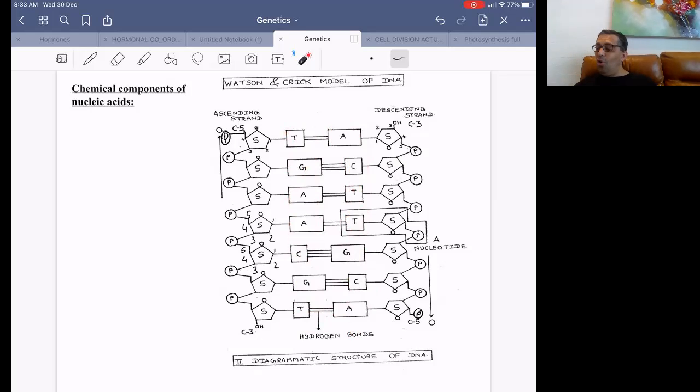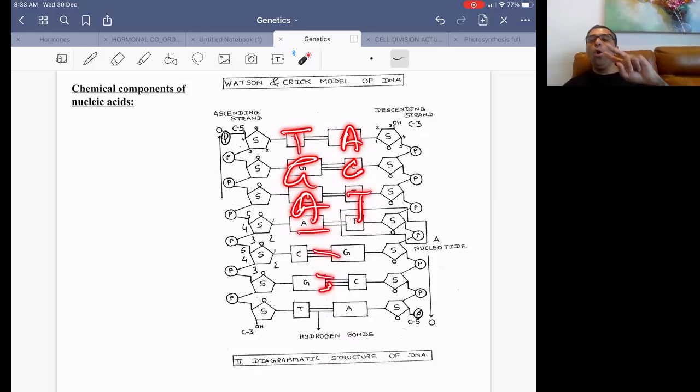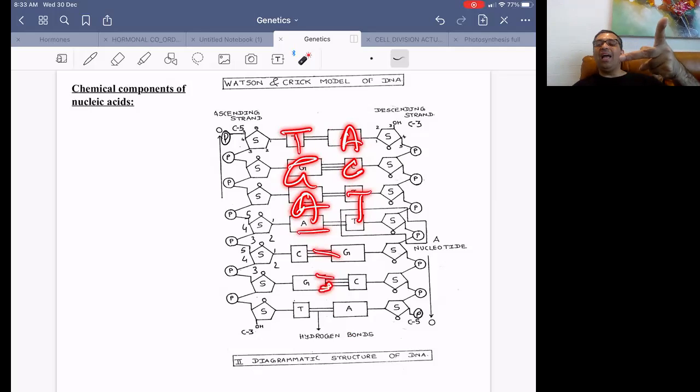We have understood sugars are same, phosphates are same, but the only difference between genes is sequence of nucleotides. नाइट्रोजन बेस पेयर्स का जो सीक्वेंस है वो एक दूसरे से अलग होता है और उससे अलग अलग जीन्स बनते हैं and different genes form different characteristics of the body.